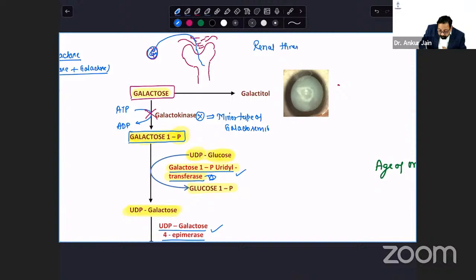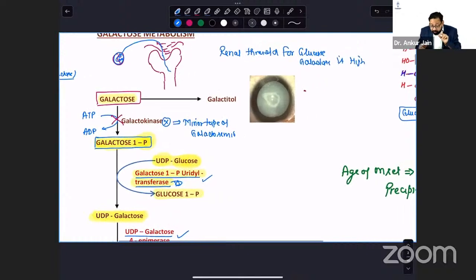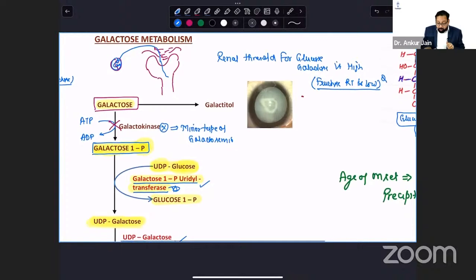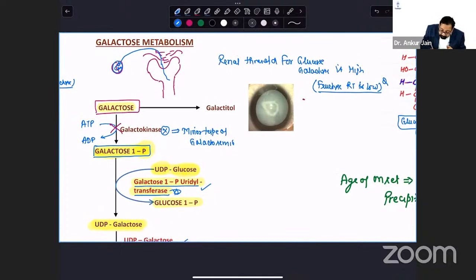But you know, the renal threshold for glucose and galactose is very high. At the same point, I will write that the renal threshold for fructose is low. So you will remember this point. This galactose will be freely filtered and reabsorbed.